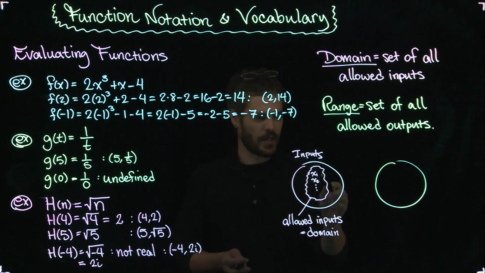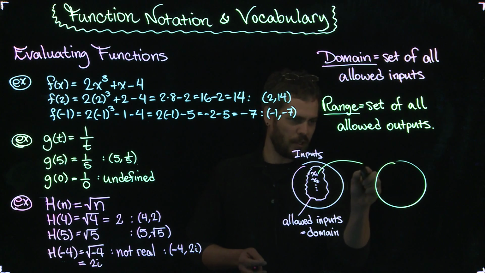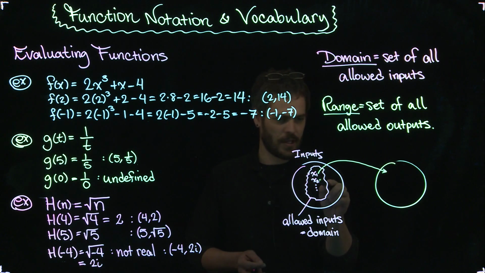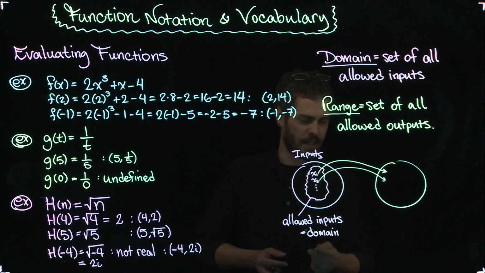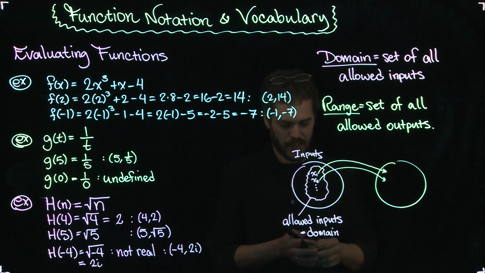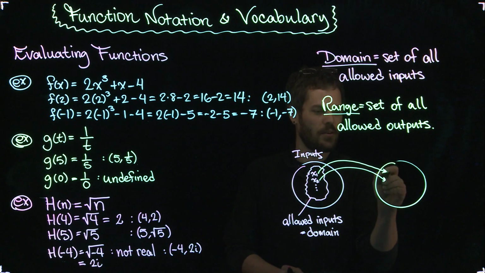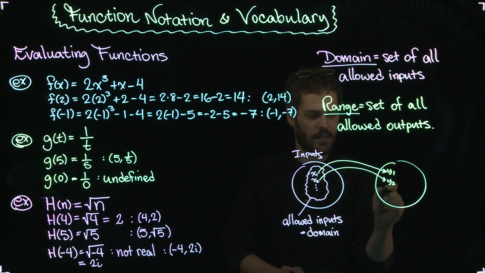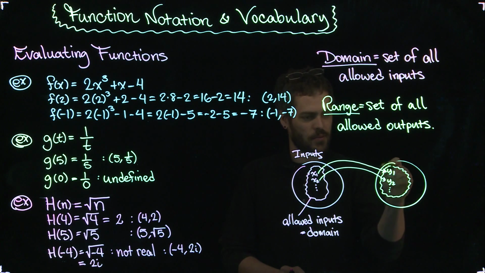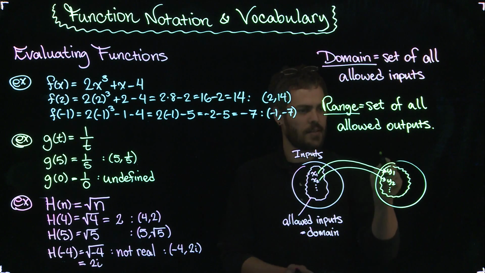Okay, and we're going to go from that to an output. Remember, for every one input, there is exactly one output. That output can be the same or different. y1, y2, and let's put another little weird squiggly set there.